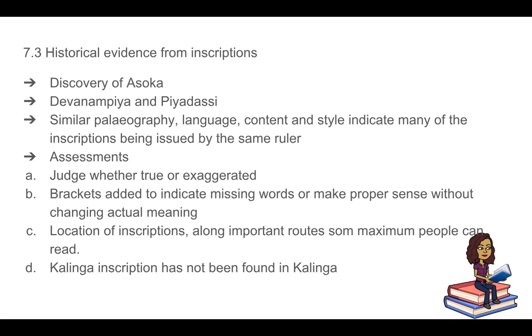Also, what is interesting in this context is the Kalinga inscription, where we see how terribly sad Ashoka is, and he's really regretting launching a war against Kalinga. But interestingly, this inscription is found nowhere in Kalinga. Now, is it because there were those inscriptions but they've been destroyed since?